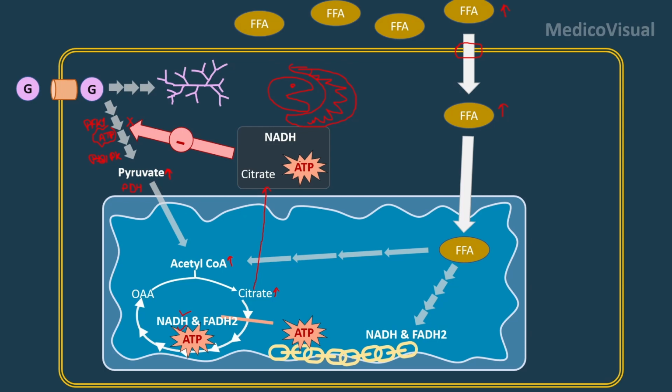Now here, let me tell you something interesting: not only the utilization but also the uptake of glucose will be reduced. Let's see how. As the pyruvate accumulates here, similarly the other metabolites of glycolysis will also accumulate. Ultimately, even the glucose will accumulate inside the cell, right?